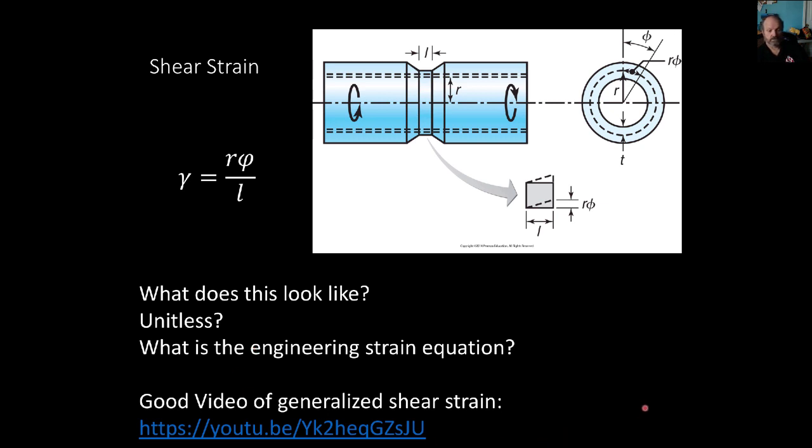Okay, so you get a good idea. And I added this video in. This is a nice YouTube video which talks about shear strain, but from the rectangular coordinate perspective. Okay, so you should watch that as well, and you'll be able to compare the two.